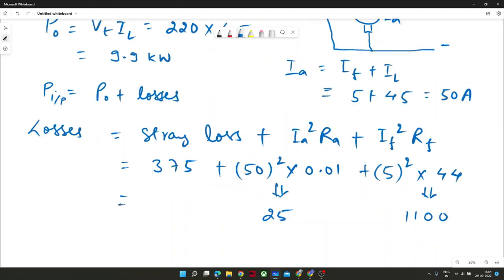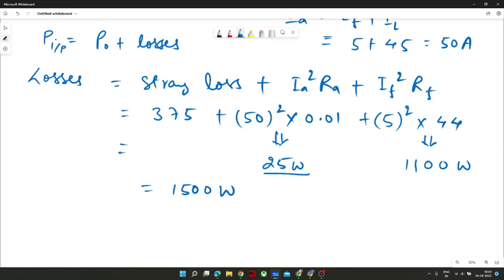So you can see significant copper loss is happening in the field component, and in armature resistance, since it was very small, a negligible amount. So total losses, if I add, it can be 1500, I guess. 1500 watt is total losses.